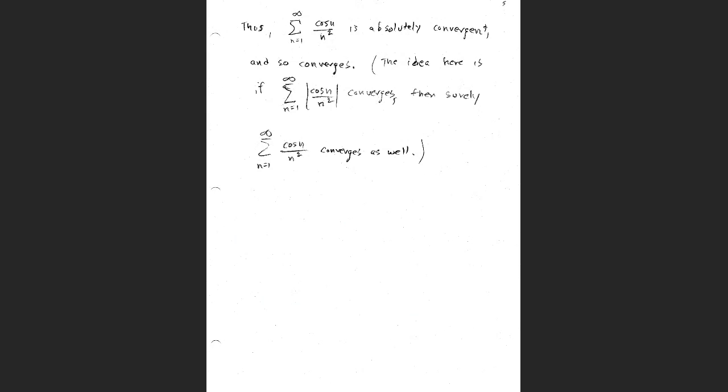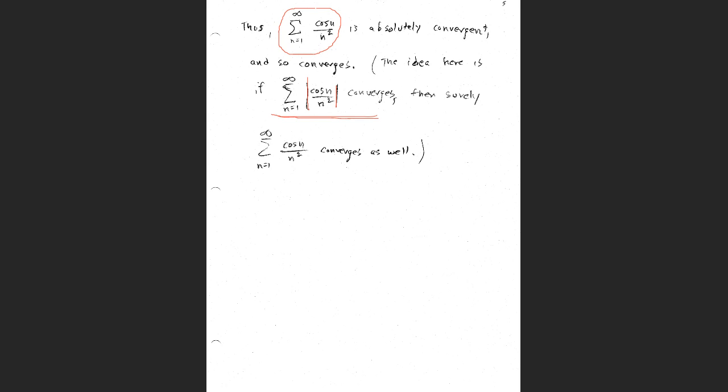We say that our series is absolutely convergent because the sum of the series where you take the absolute value of the terms converges.